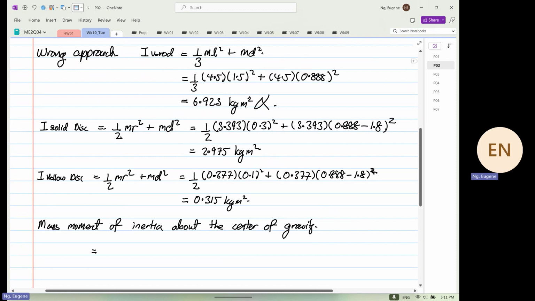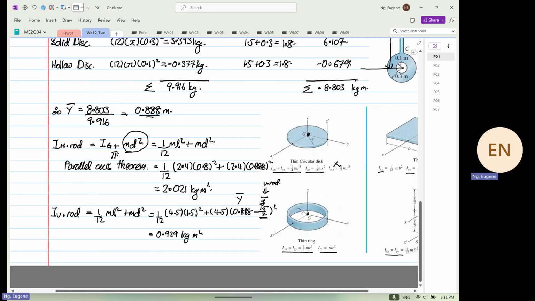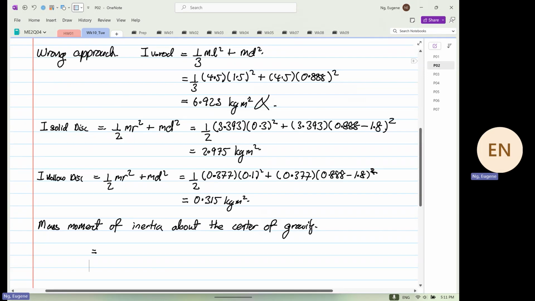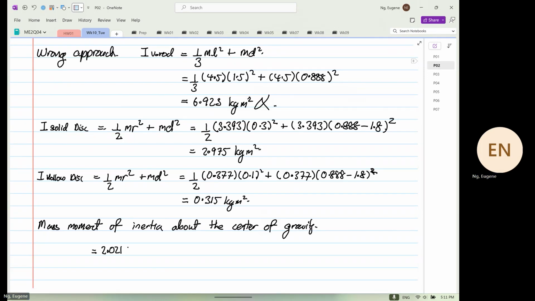The first one, we get what? The first one is 2.021 plus 0.929 plus 2.975 minus 0.315. Okay. So 2.021 plus 0.929 plus 2.975 minus 0.315 is equal to 5.61 kilogram meter squared.